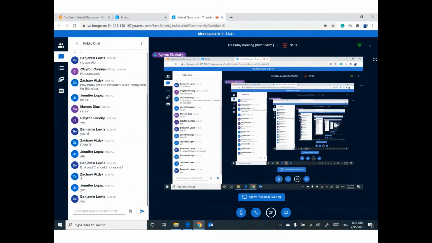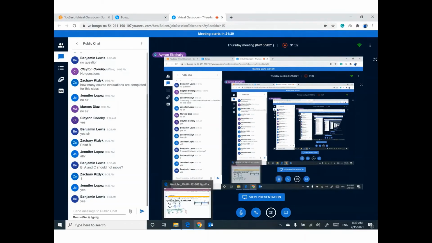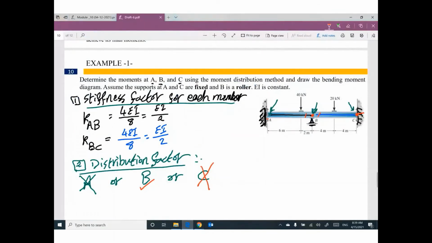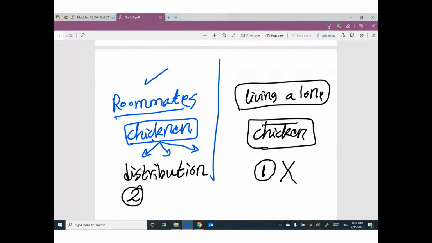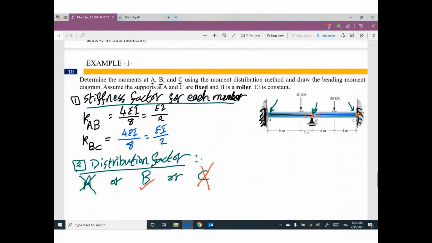Looks good? Okay. So I'm trying to simplify the concept. We will not distribute chicken, but we will distribute moment. But the concept is the same. If you have only one member, we don't need distribution. At this joint, A, and the C also, we don't need to make distribution.